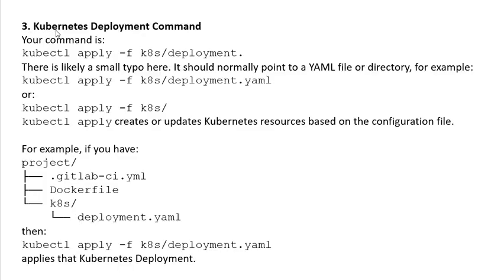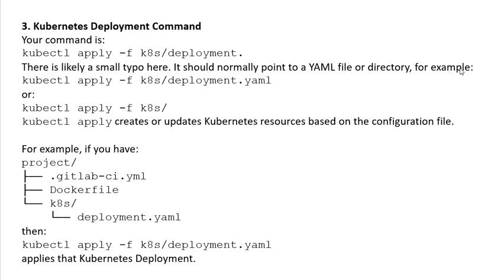And the third is the Kubernetes deployment command, and your command is kubectl apply -f k8s/deployment. There is likely a small typo here; it should normally point to the YAML files or directories.